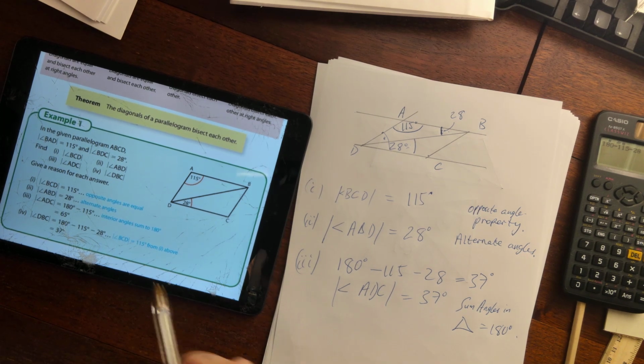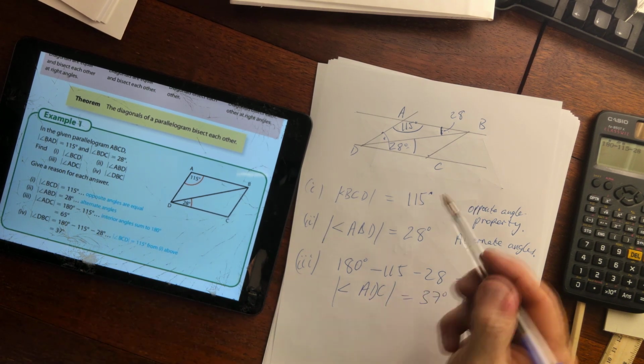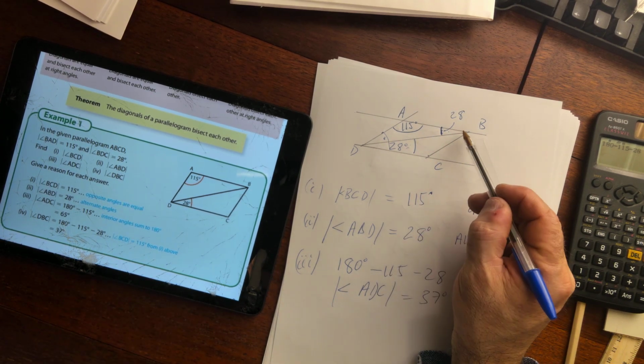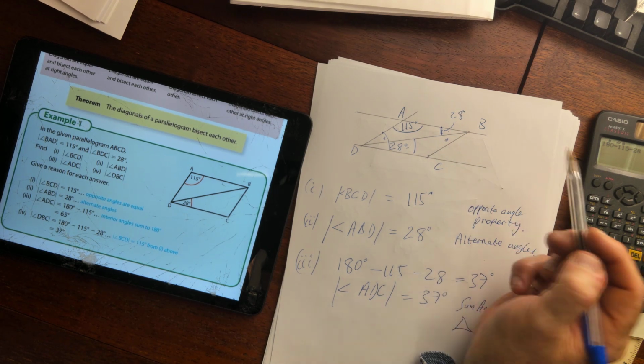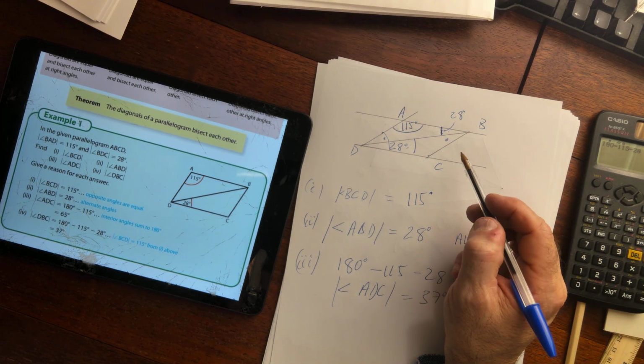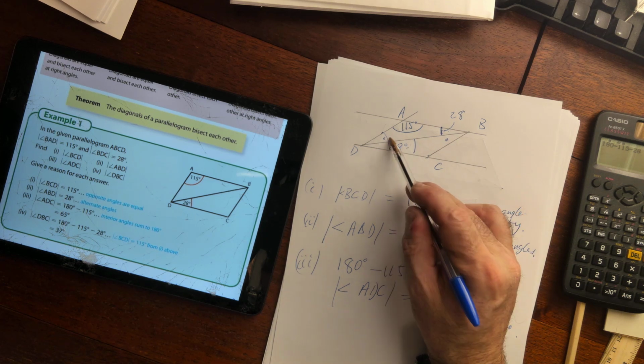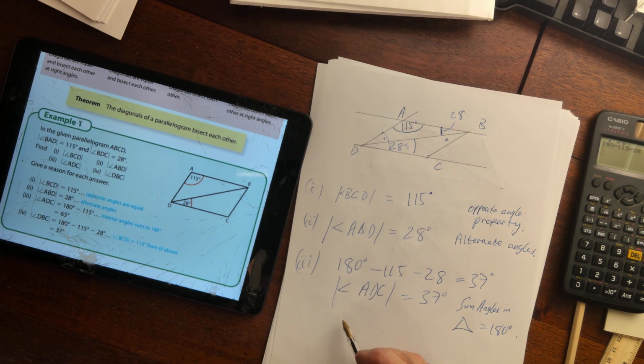Finally, the angle DBC, this angle here, well, that's 37 as well because it's alternate to the one we just got. Okay, so part 4, angle DBC equals 37 degrees.